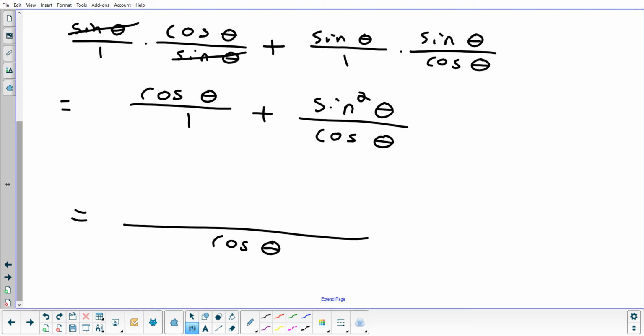And I told you that when you have a fraction that already has a 1 for one of your denominators, you don't have to change both of them. So the fraction on the right, we can leave that alone. What would you multiply the fraction on the left by to make it have the common denominator of cosine?